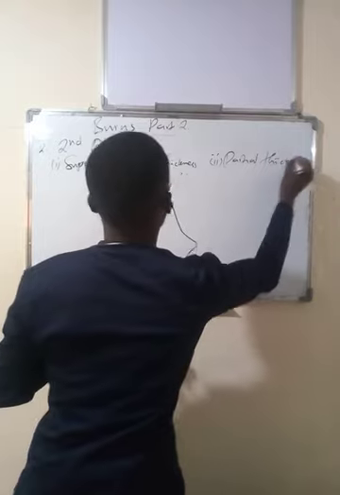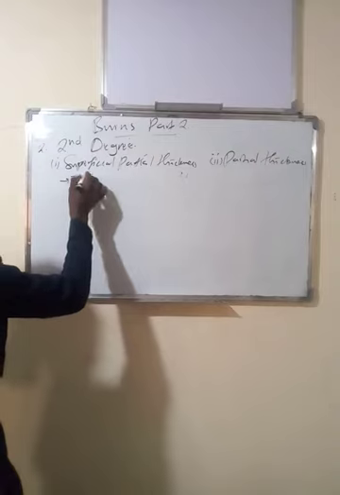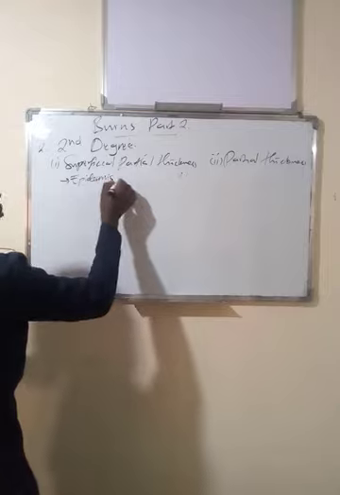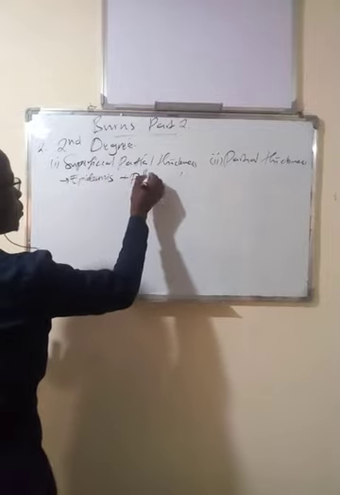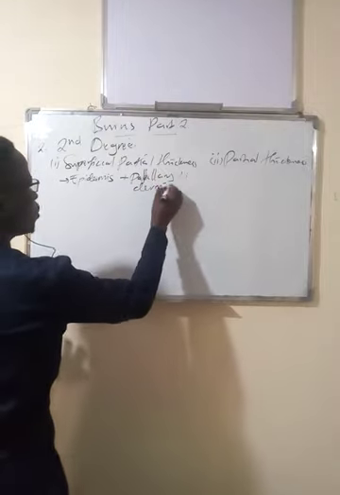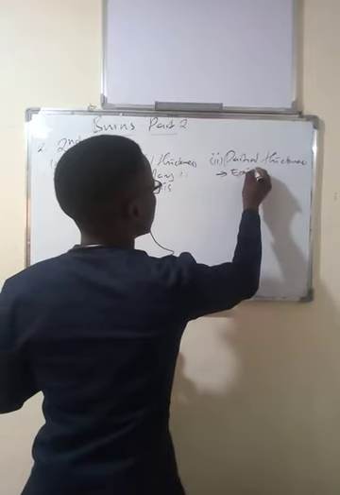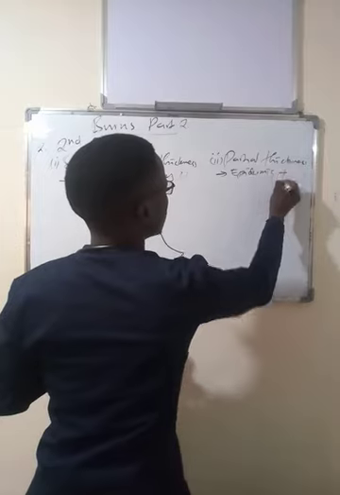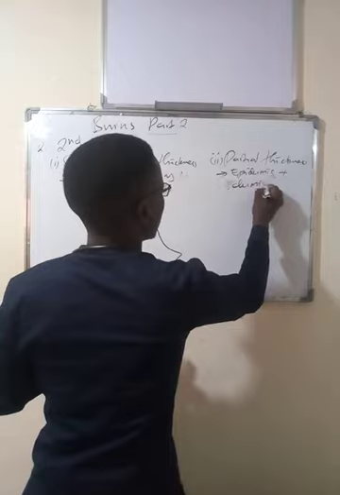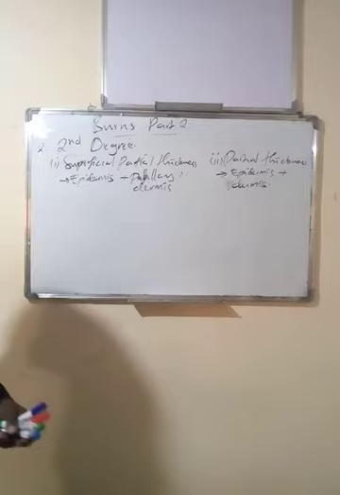Here it's involving the epidermis plus the papillary dermis. And this one is involving the epidermis and the entire dermis. So that's the difference between the superficial partial thickness and the deep partial thickness burns.